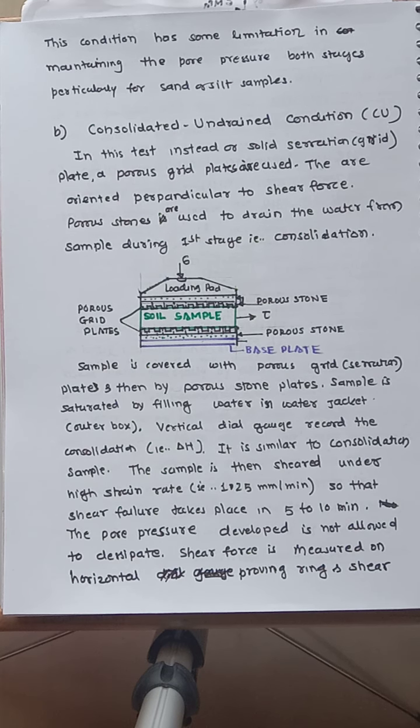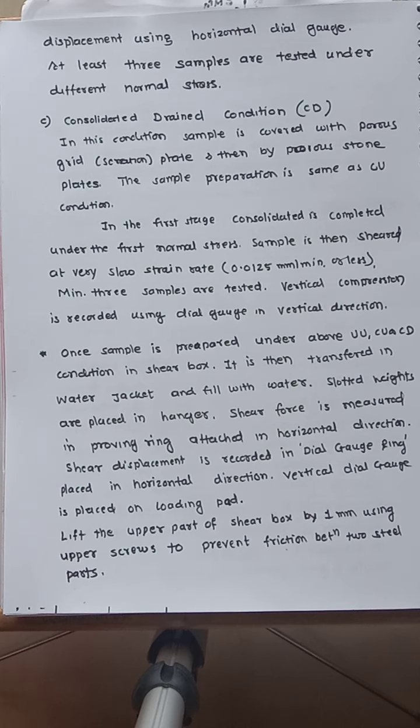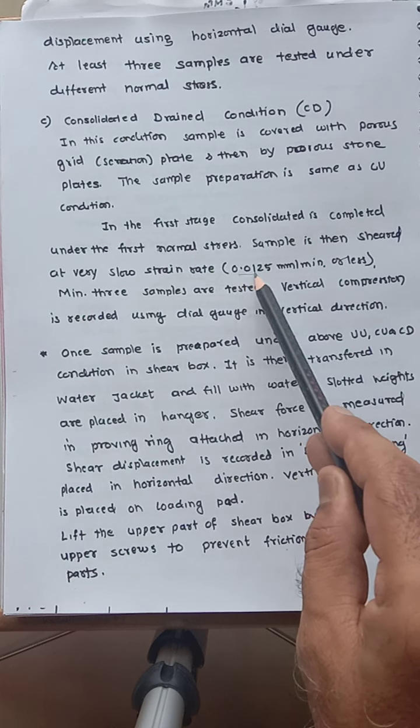The water jacket must be filled with water before that, and once the consolidation is over, the shear force is applied at a very slow strain rate. That is the consolidated drained test.